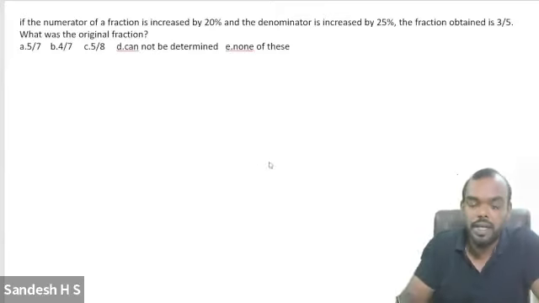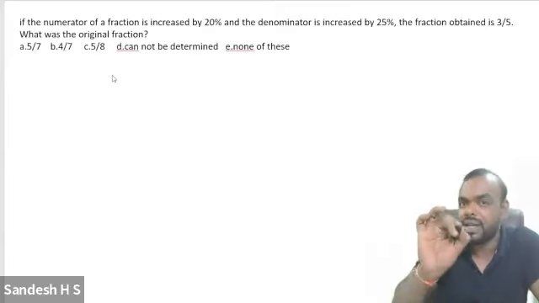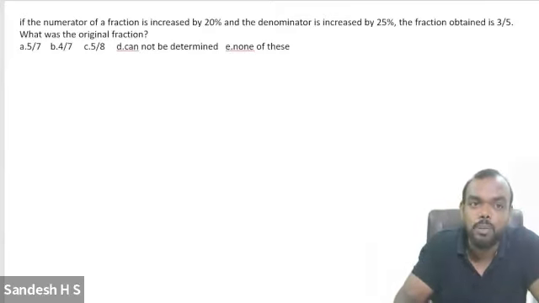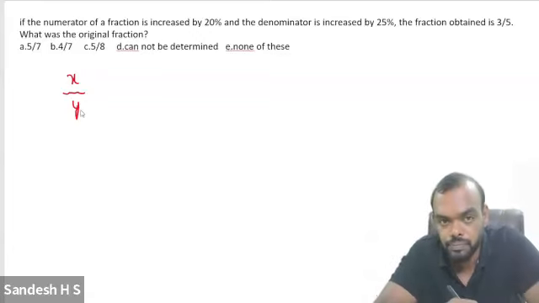Original fraction. Now, I don't know what the original fraction is. One thing I'm pretty sure, in a fraction I'll have both numerator and denominator. Let me consider my original fraction as x by y. Now, x is my numerator, y is my denominator.